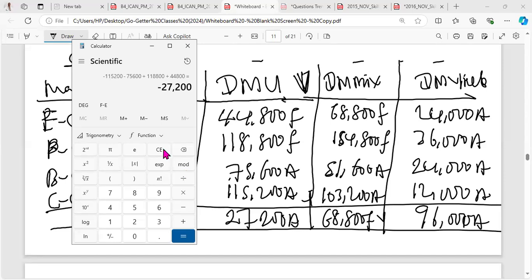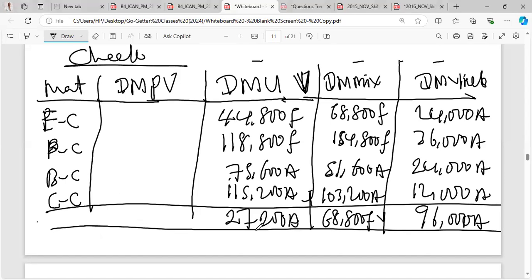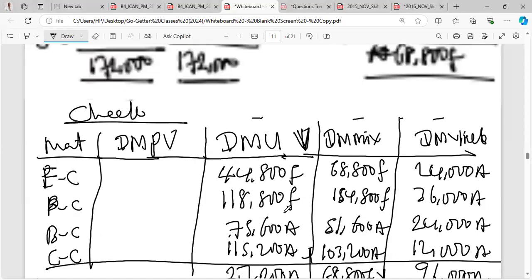That's fine. If I say 68,800 minus 96,000, yeah, it's correct. So if I check my usage variance and got 27,200, it means I was correct.